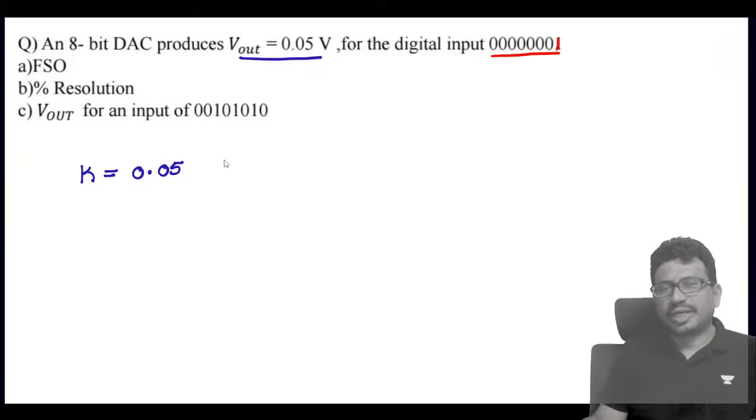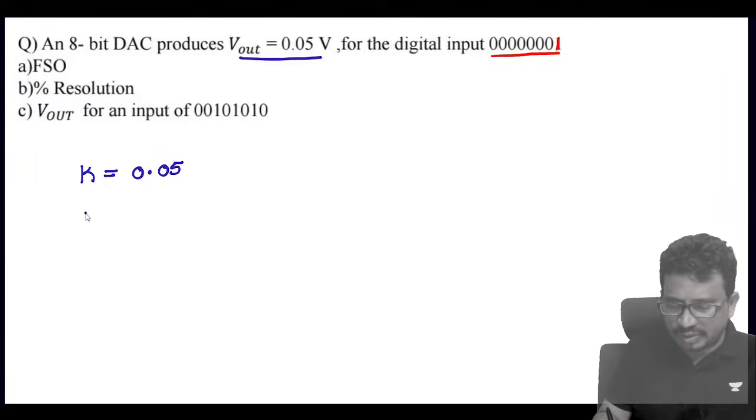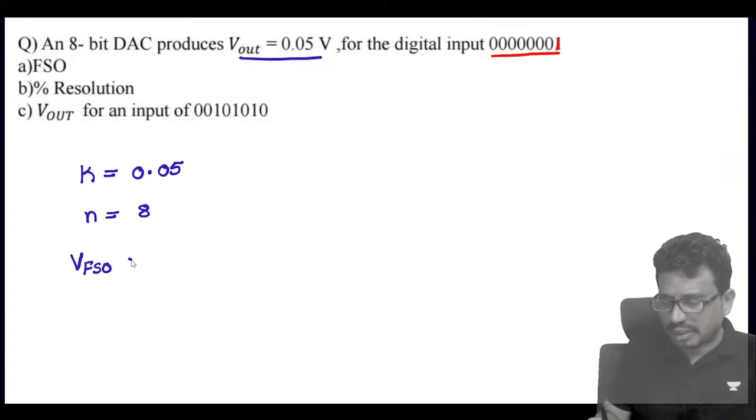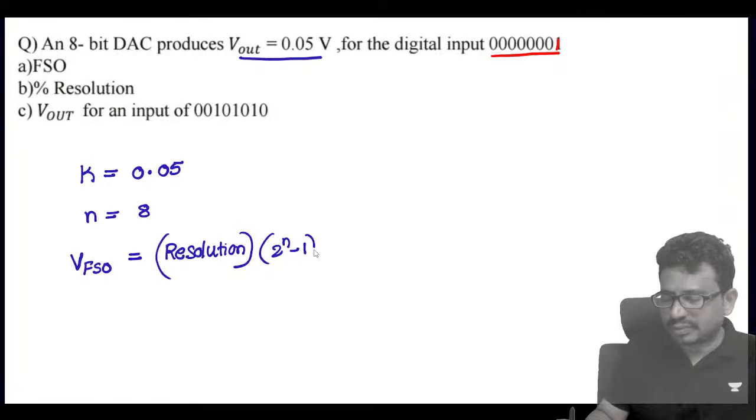And for the full scale output, the number of bits is given as 8. So the full scale output is equal to resolution into 2 power n minus 1.